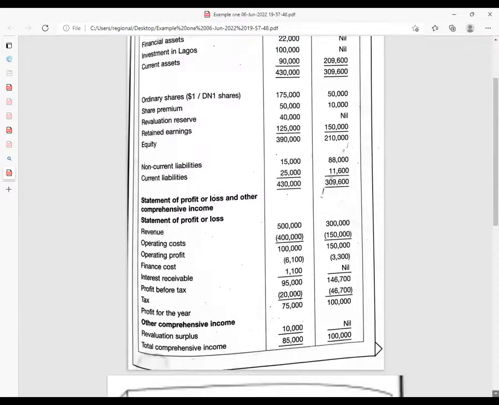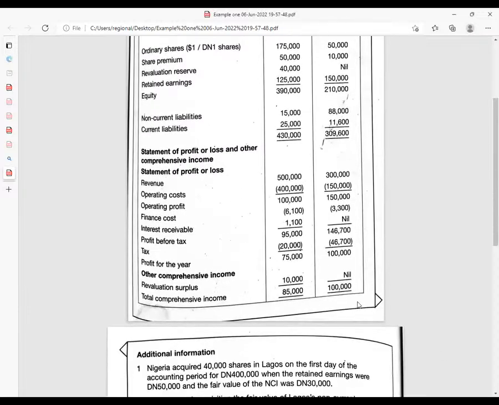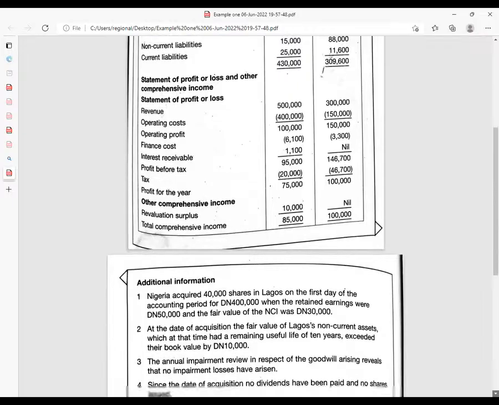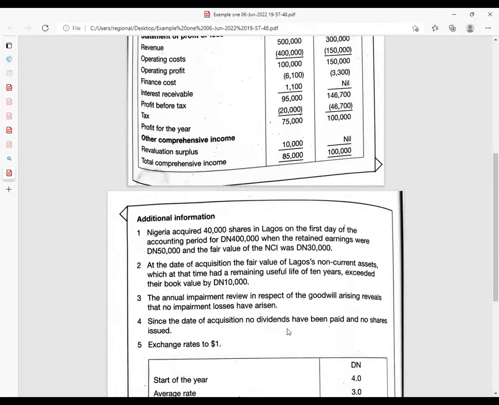Now, listen to me very well. They have given me everything there. And then we are told additional information: Nigeria acquired 40,000 shares in Lagos on the first day of the accounting period for DN 400,000, when the retained earnings were DN 50,000 and the fair value of the NCI was DN 30,000.